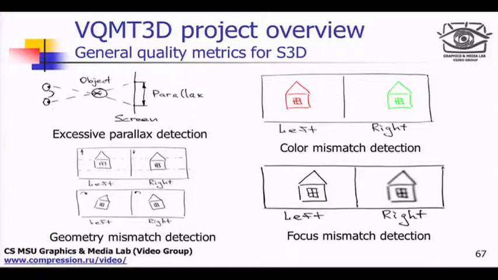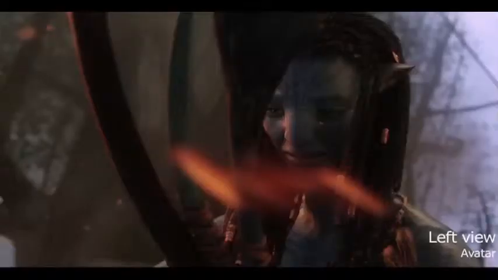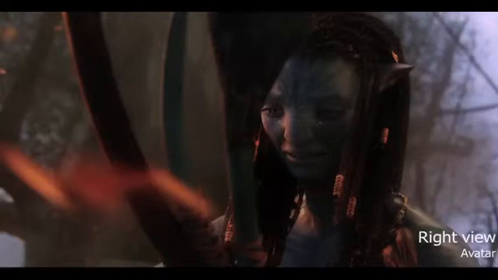Here are metrics that were presented 1 year ago for big parallax, for geometry mismatch like shift or rotation, for color mismatch, for sharpness mismatch. And here is a sample.